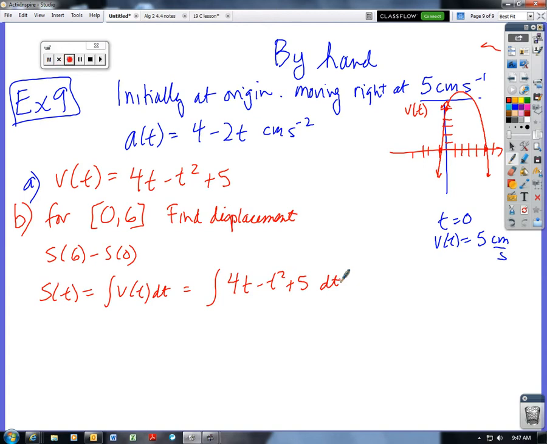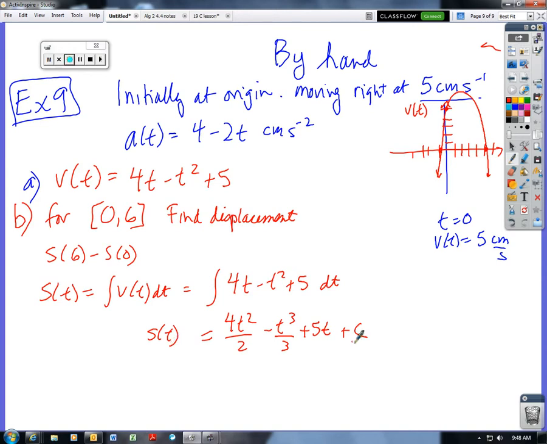And let's just do it as an indefinite integral again. So that's going to be 4t squared over 2 minus t to the third over 3 plus 5t plus c. And it says it's initially at the origin, so that means the initial position is 0.